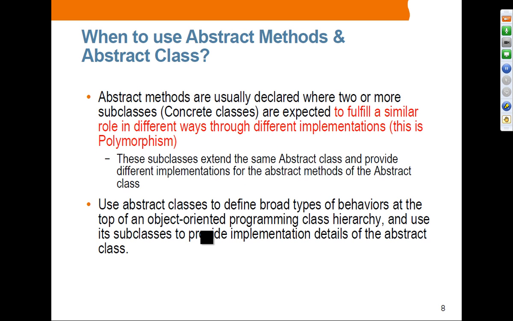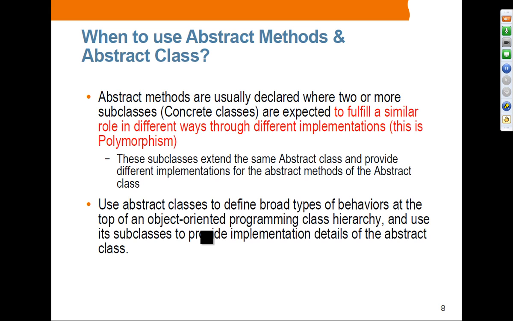Okay, so you might want to ask, what is the big deal? Why would you want to create abstract classes and abstract methods? The reason you want to create an abstract class which contains an abstract method is when you have multiple subclasses, in this case concrete subclasses, that provide different implementations for a similar role.